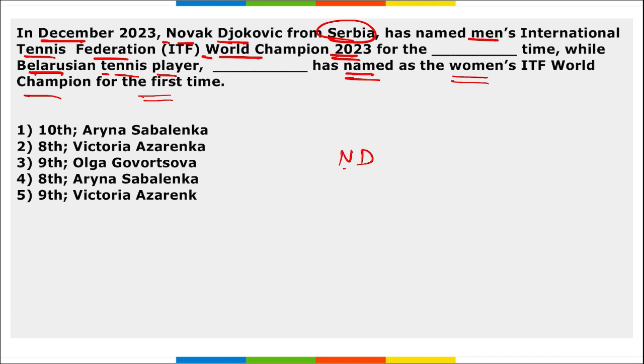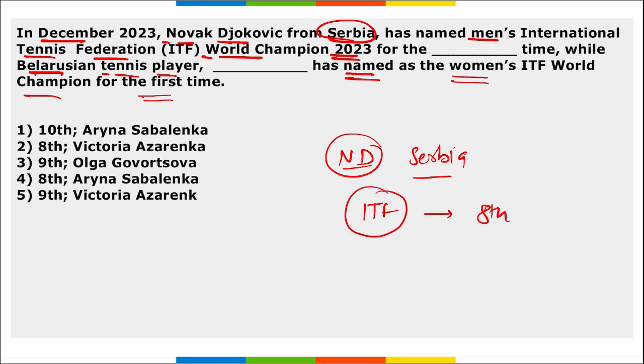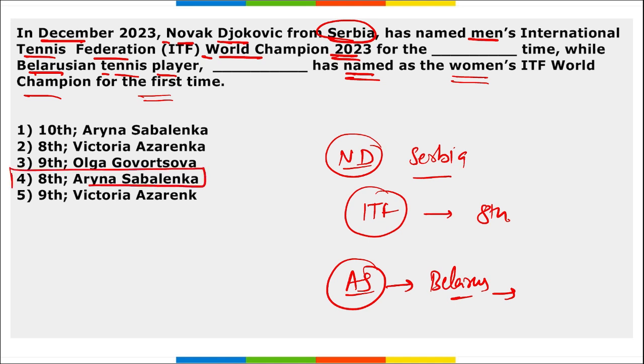So, Novak Djokovic, he is from Serbia, and he was named as the Men's ITF World Champion for the 8th time, whereas Aryna Sabalenka, she is from Belarus, and she was named as the first time Women's ITF World Champion. So the right option here becomes option 4th. 8th time for Novak Djokovic and first time for Aryna Sabalenka.